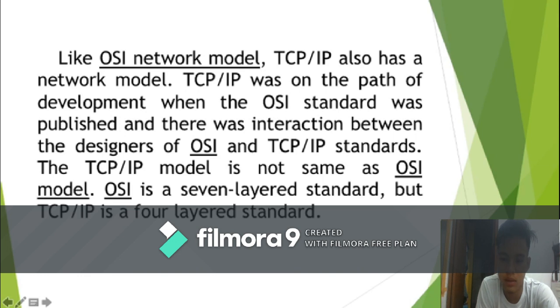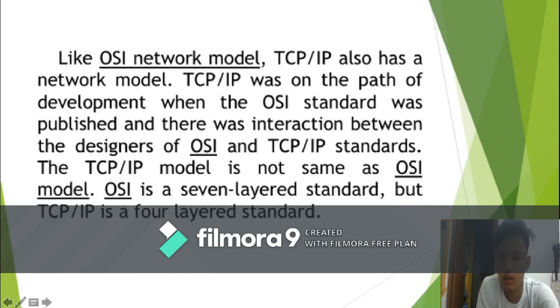Next one is layer 2, the internet layer. It is the second layer of the four-layer TCP/IP model. The position of the internet layer is between the network access layer and the transport layer. The internet layer packs data into data buckets known as IP datagrams, which contain source and destination addresses.